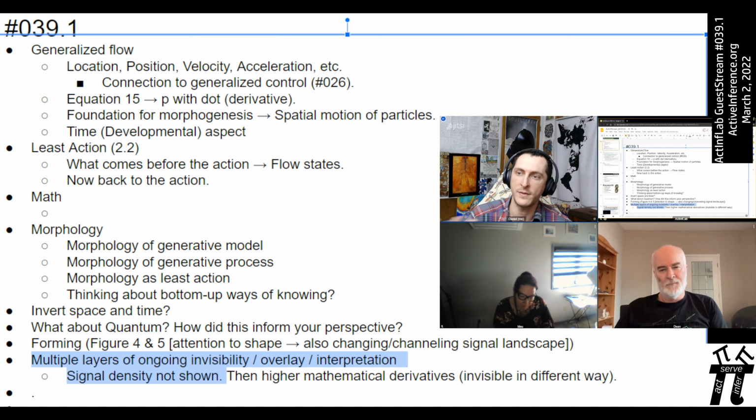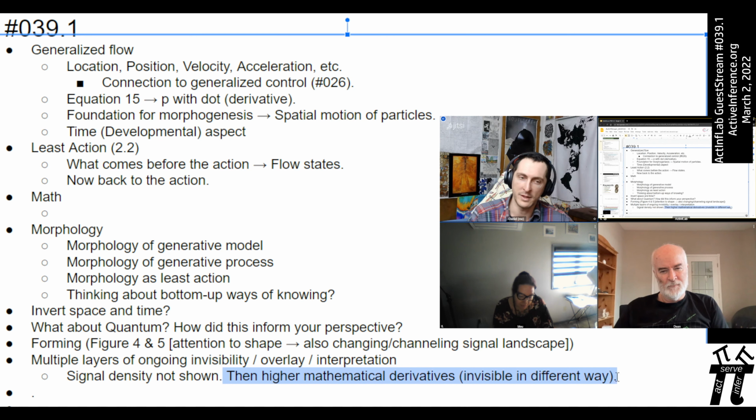The density of 50 pheromones or 50 transcription factors or vitamins does exist, and it's modeled as an actual chemical component of the biological system, the generative process. And then there's this generative model with the mathematical derivatives, the generalized coordinates of motion of cellular position.